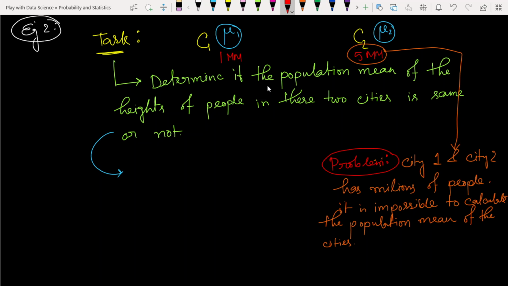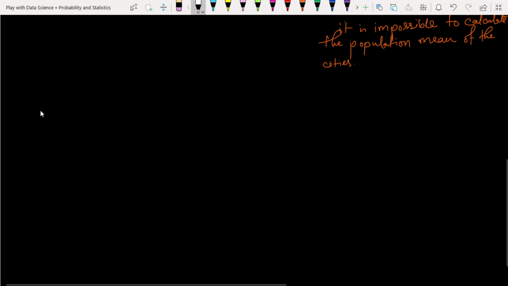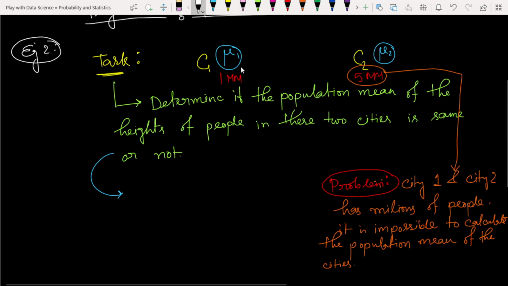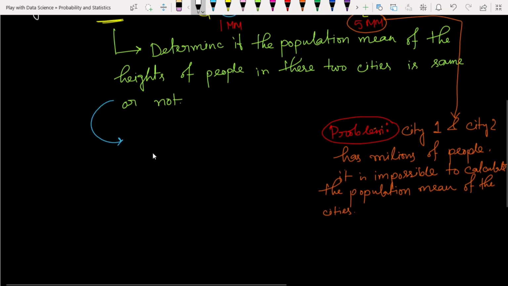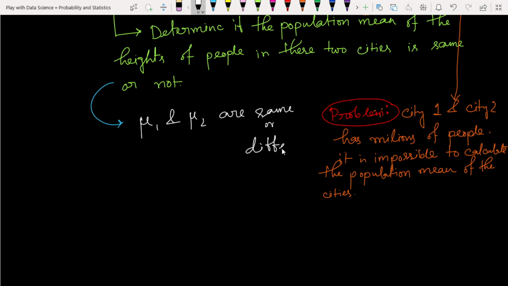So let's design the experiment, because this is possible. What we actually have to find is whether the means mu1 and mu2 are the same or different. That is the main task.